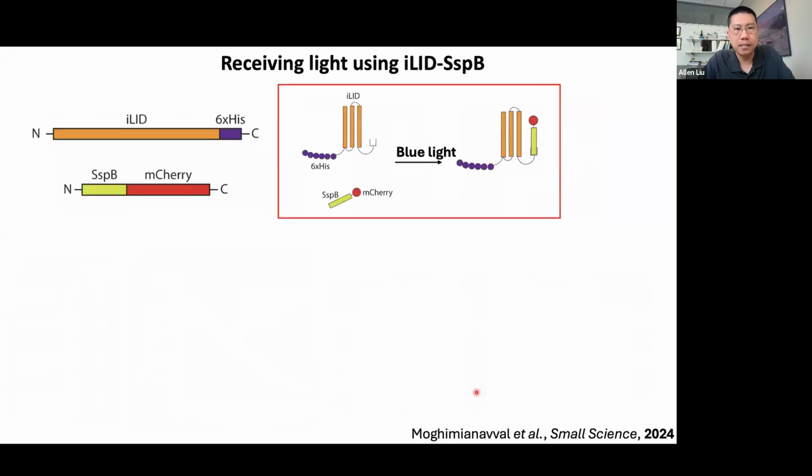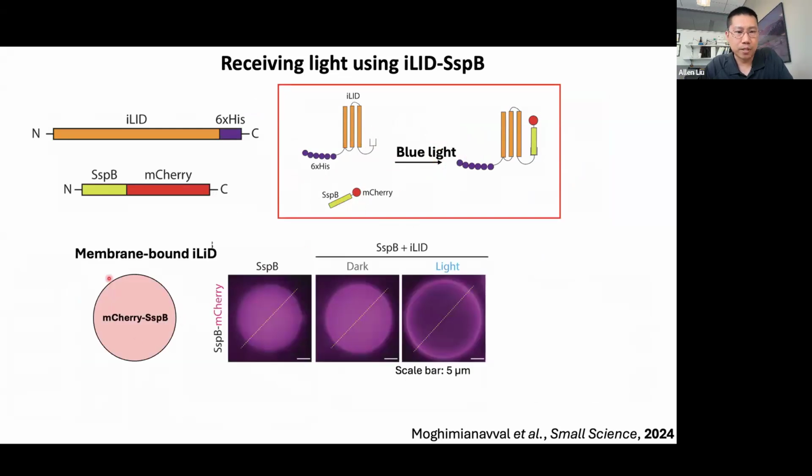So now that we know that these two things can come together and form a complex and it can generate light, our next task is to show that the iLID and SspB work, and this has been very, very well characterized, and you can certainly test this by just illuminating blue light. So for this experiment, we encapsulated mCherry SspB inside, and there is iLID that's His-tagged that binds to the inner membrane.